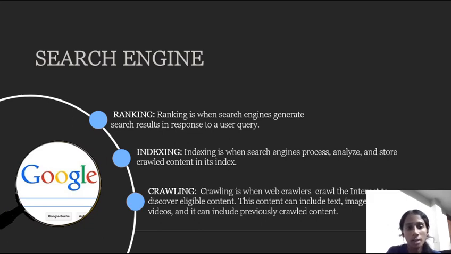It depends on your previous search history, and whether you have already searched that word before. Based upon that, it will rank. It will give you the most suggested as the first word, then the second suggested, and so on. So these are the three main activities that happen in a search engine.